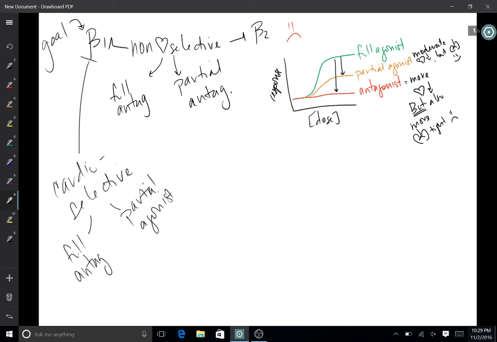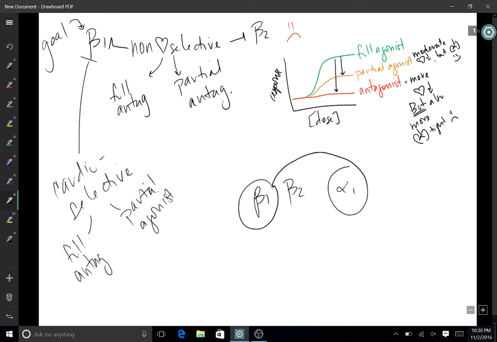And then we have a set that is also non-selective across alphas and betas, right? So here, and we're talking labetalol, carvedilol, I'm going to put beta 1, beta 2, and alpha 1 in here. It would be absolutely beautiful if we could have something that blocked beta 1 and alpha 1, right?